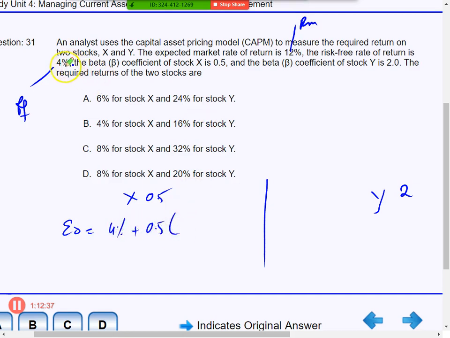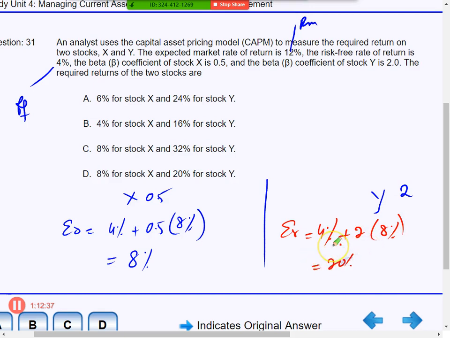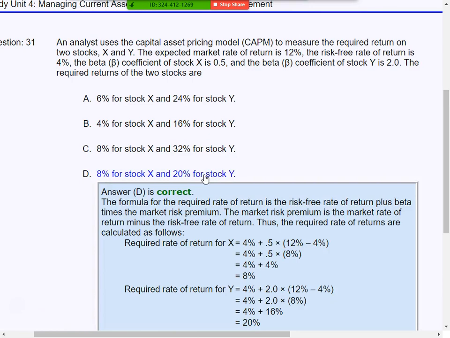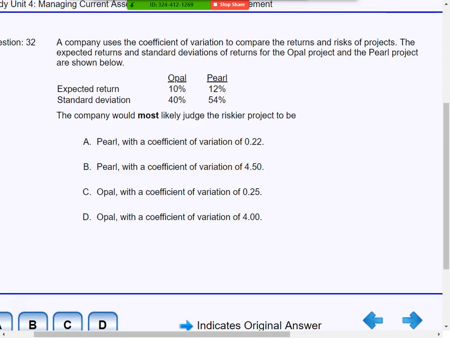Risk premium is the difference between risk-free rate and the market rate, that is 8%. So the answer is going to be exactly 8%. For stock Y, ER is equal to 4%, beta is 2, risk premium is 8%, so it's going to be 20%. So 8% for X versus 20% for Y. So it was just a repetition of what we have been doing so far. Next question.